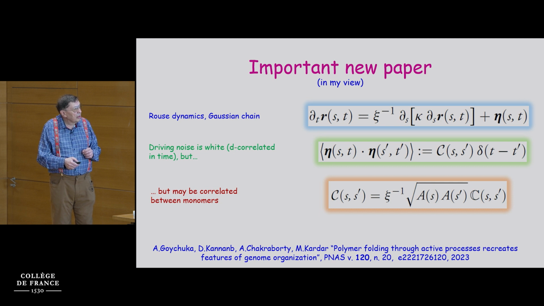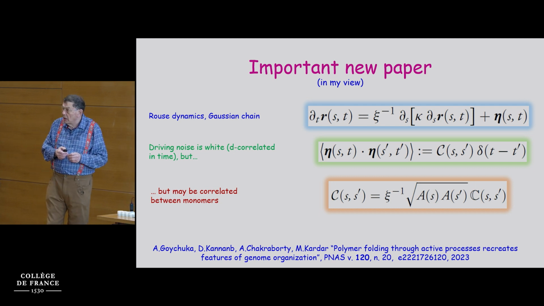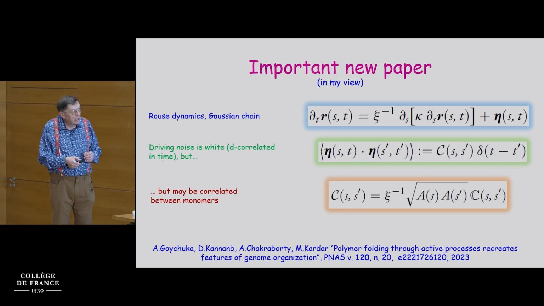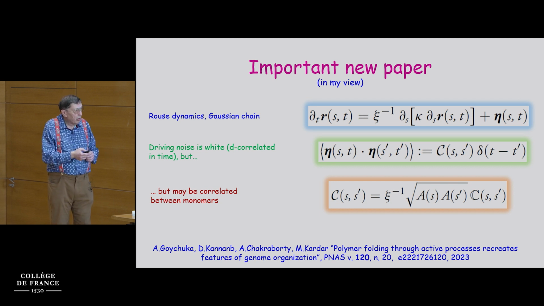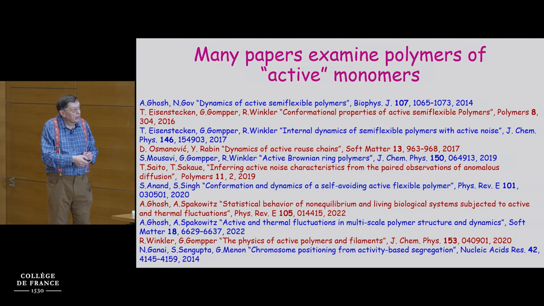But the novel aspect is that these people assume that there is potentially correlation between random kicks on different monomers. Monomer S and monomer S prime receive kicks which are correlated with one another. It's written here in general form. This is fundamentally different from what I told you about in all these numerous papers.